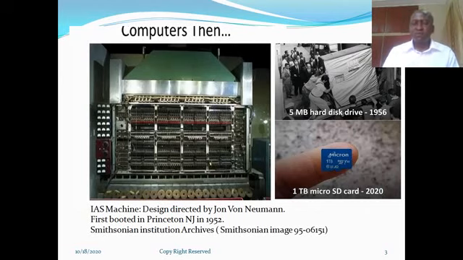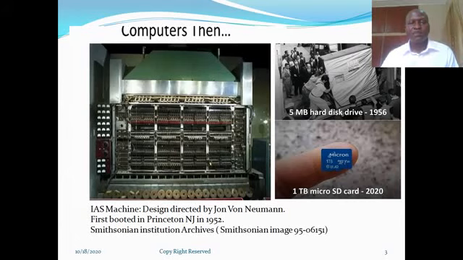This particular picture attempts to show you how we've come thus far in the development of computer systems. Now, if you look at the left-hand side, this was a computer system that was first booted in the year 1952, and it was designed by John von Neumann and some members of his team.